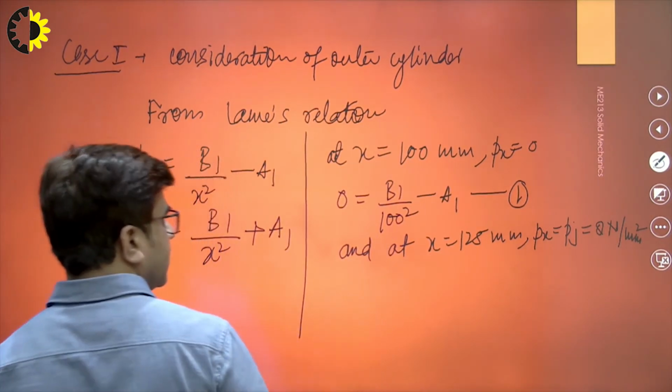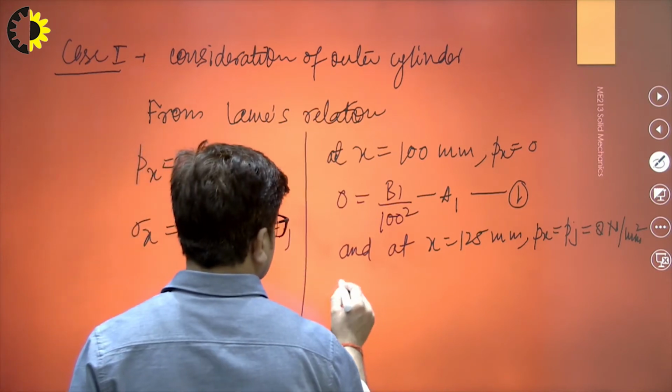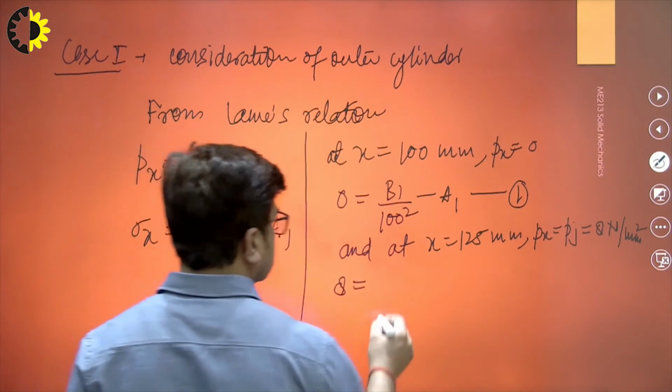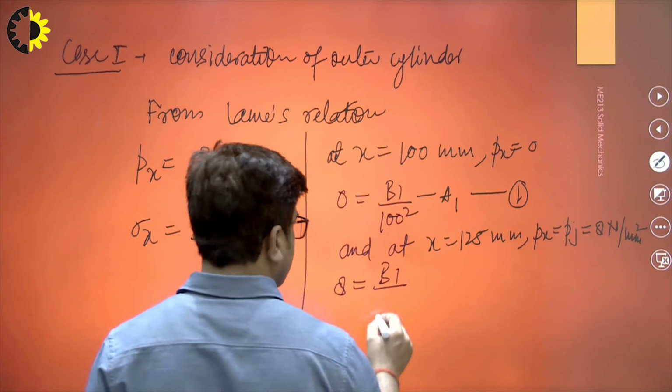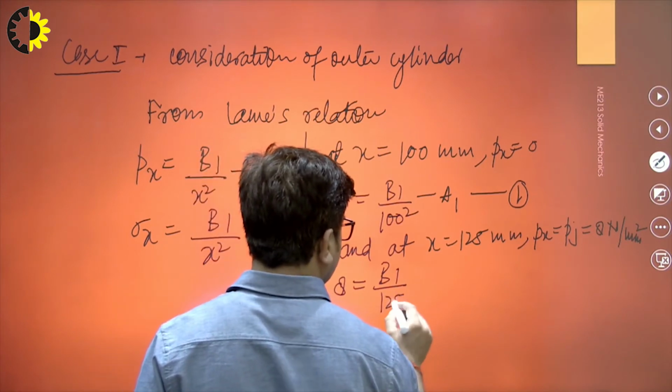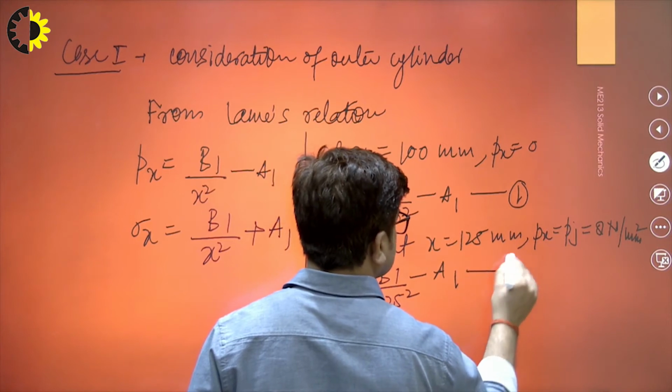I'll put 8 Newton per mm square in the place of Px. So 8 equal to B1 upon 125 square minus A1. This is equation second.